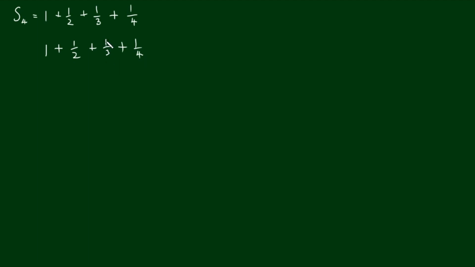Now if I change this 1/3 term on the second line to 1/4, let's compare which sum is greater. So it's obvious that the first sum, which is the fourth partial sum of the harmonic series, is greater than the second sum because we've changed the third term to be less than that of the original third term. We can group this together because this equals a half. So here we can say that S4 is greater than 1 plus a half plus a half.